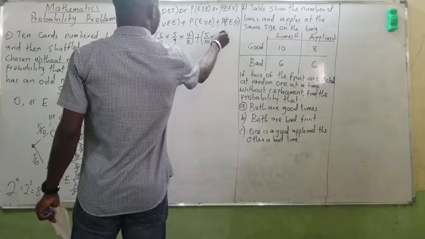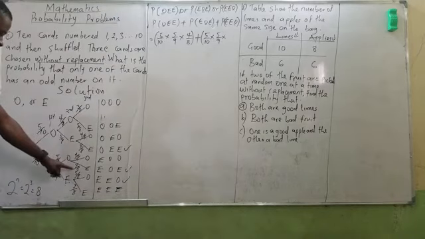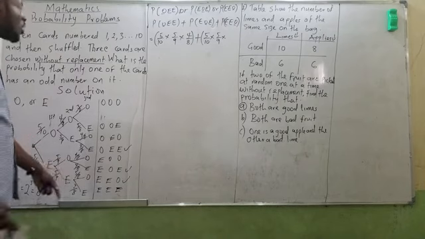5 all over 9 multiplied by, and the last part, which is even, is 4 all over 8.